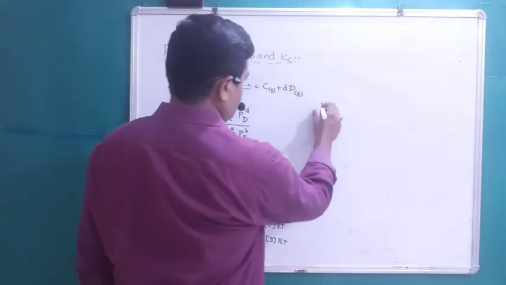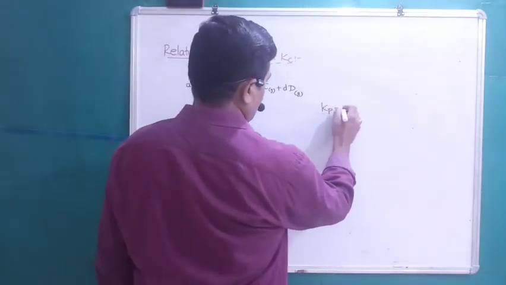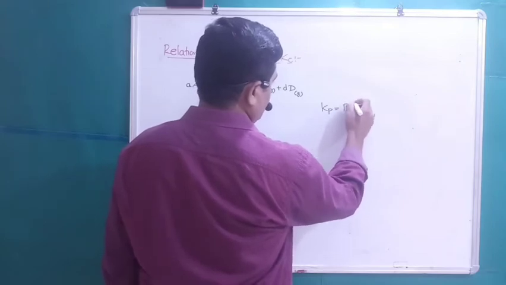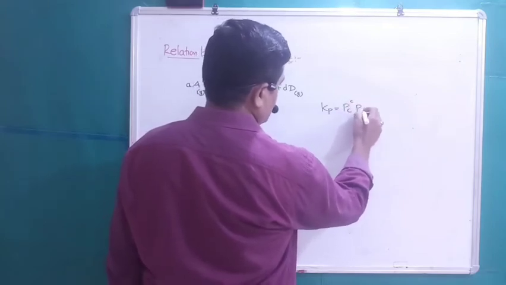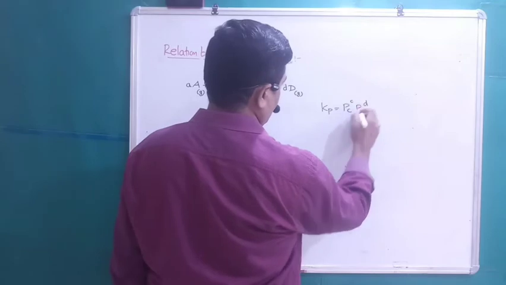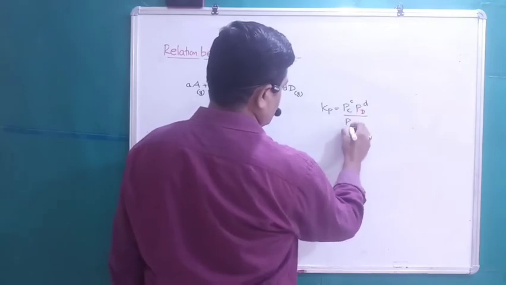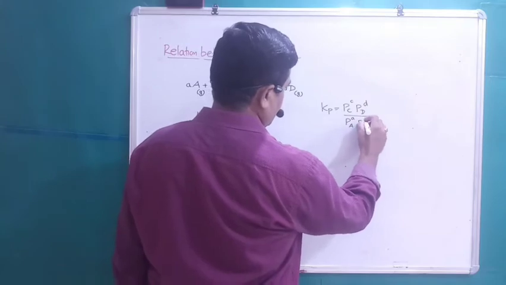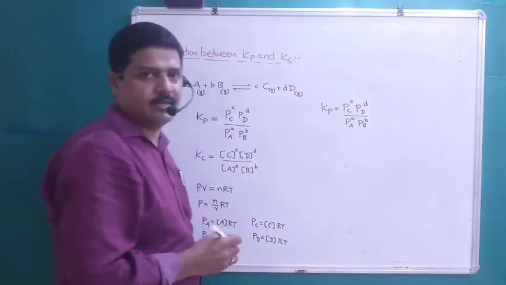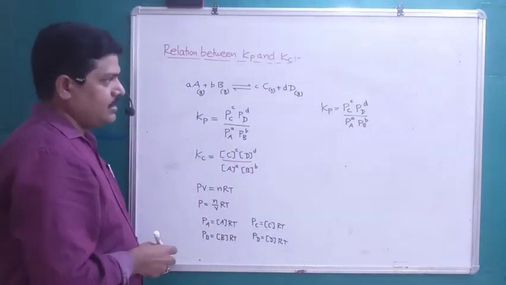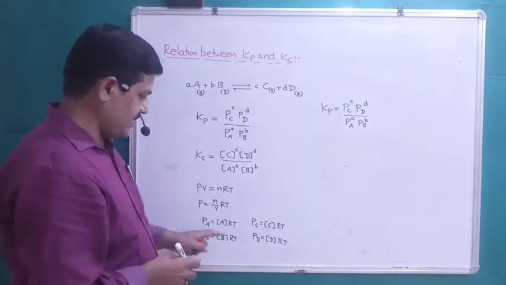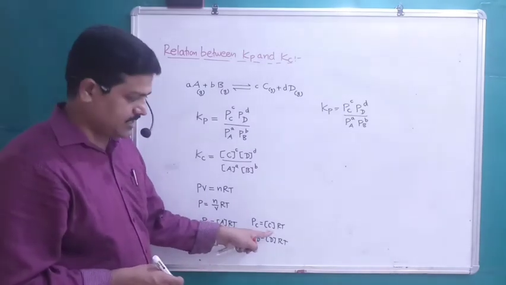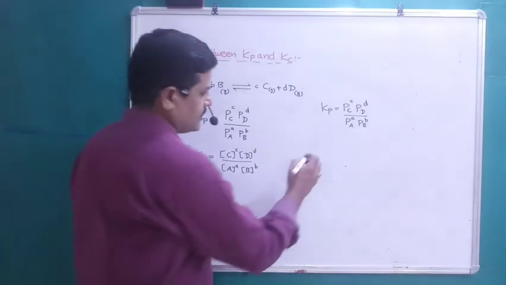Kp is equal to partial pressure of C to the power c, partial pressure of D to the power d, divided by partial pressure of A to the power a, partial pressure of B raised to the power b. Like that we can write. Then in place of Pc, we can write active mass of C multiplied by RT, right?